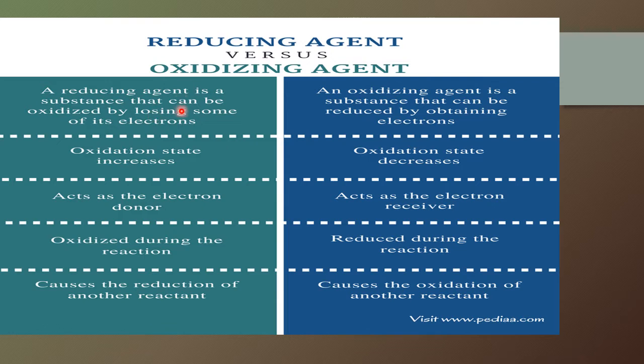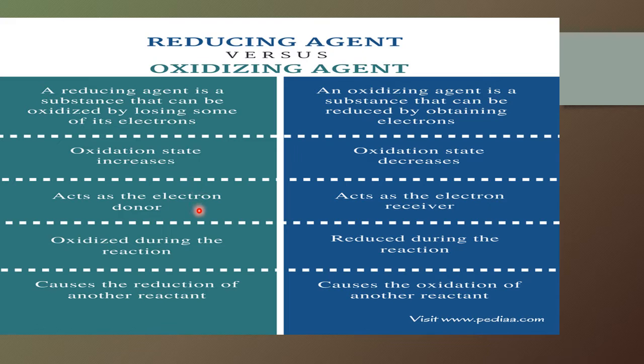So the oxidation state of the reducing agent is going to be increased, and the oxidation state of the oxidizing agent is going to be decreased, because they themselves are undergoing reduction, and whenever a chemical species undergoes reduction, its oxidation number will be decreased.